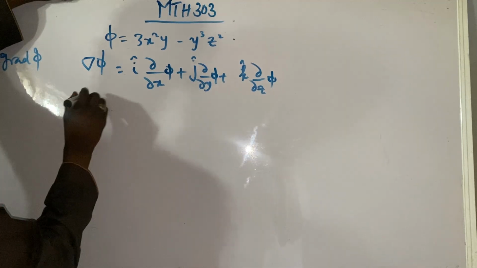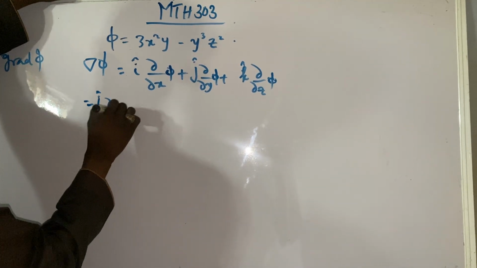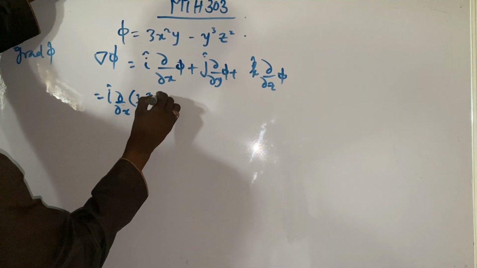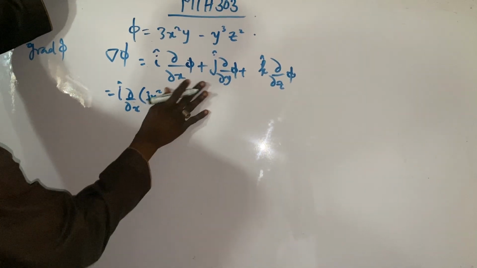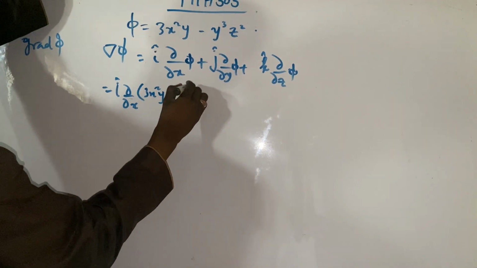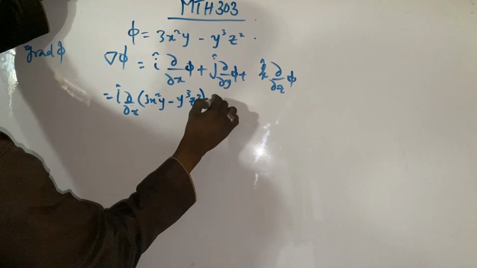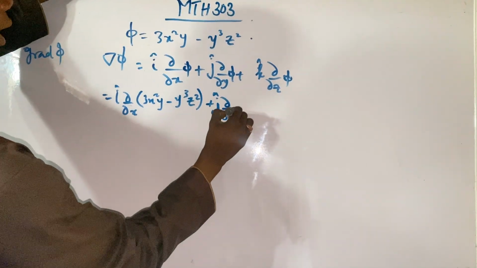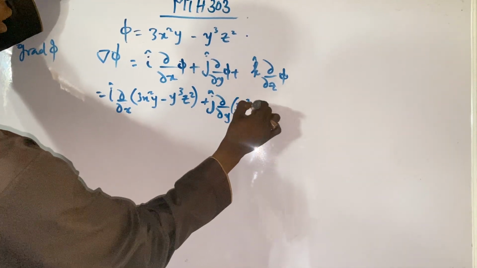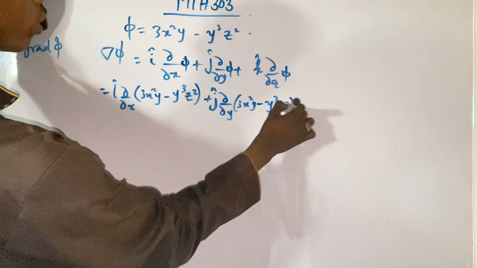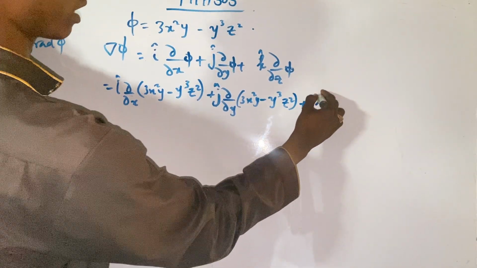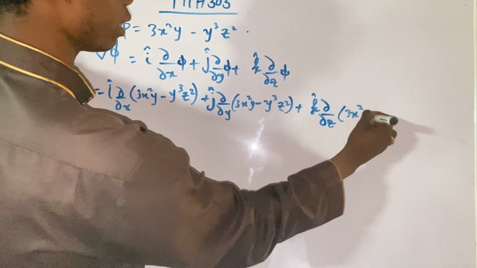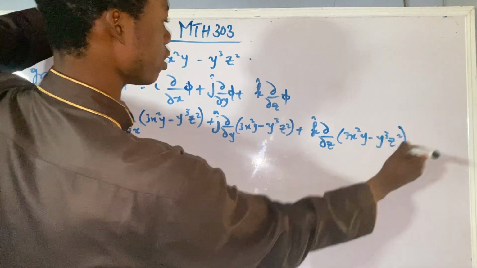That is i multiplied by del x of phi, that is 3x squared y minus y cubed z squared, plus j del y of 3x squared y minus y cubed z squared, plus k del z of 3x squared y minus y cubed z squared.